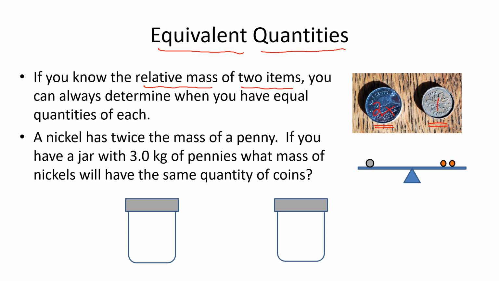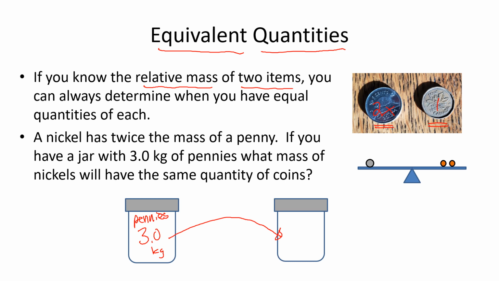So if we have a jar, and inside this jar is 3 kilograms of pennies, and we want to be able to have the exact same number of nickels. And we don't know how many pennies are in that jar. It's sealed shut, let's say. But what we can do, because we know the relative mass of them, because we know that a nickel is twice the mass of a penny, if we took the same amount of nickels, the same amount of nickels should have twice the mass, right?